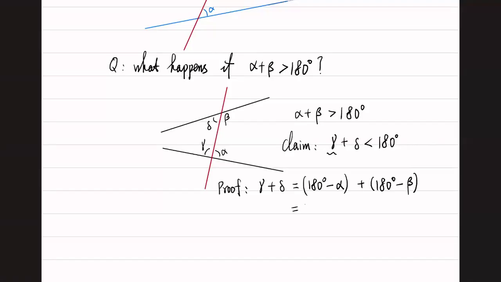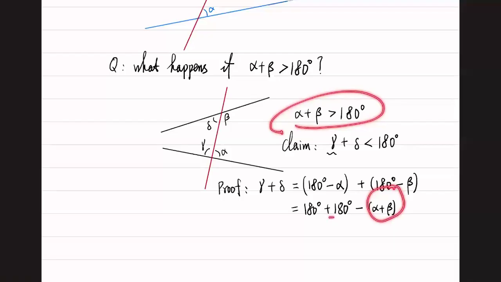So the sum will be 180 degrees, another 180 degrees, minus alpha plus beta. By our hypothesis, the summation is bigger than 180, so this will be negative. The total will be less than 180.